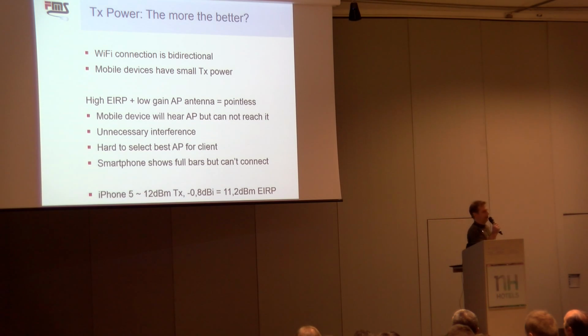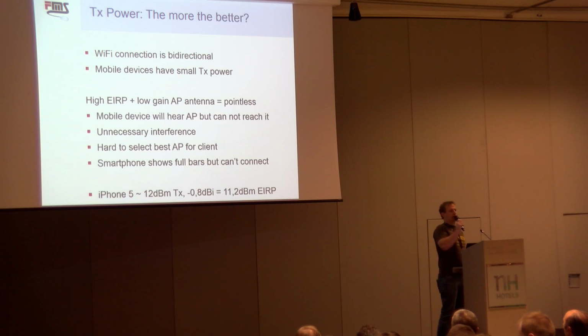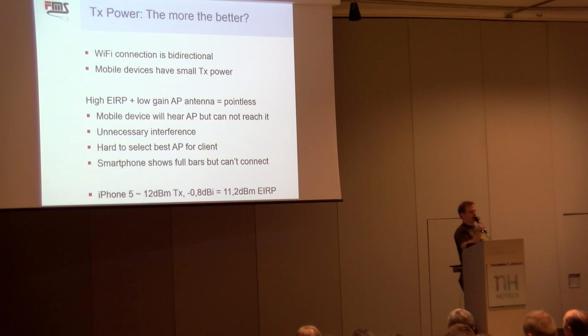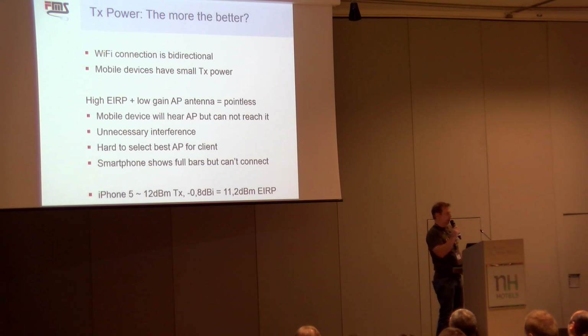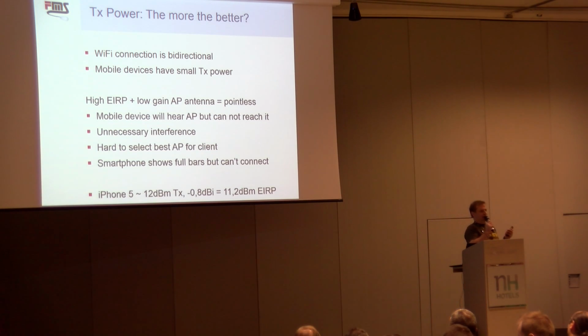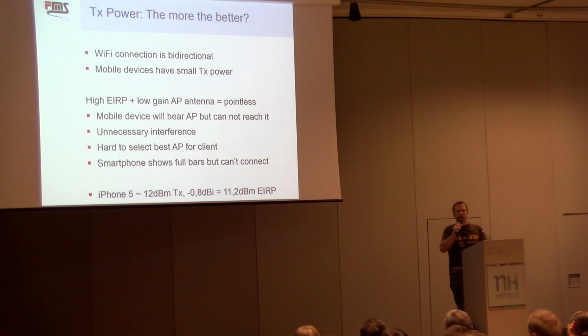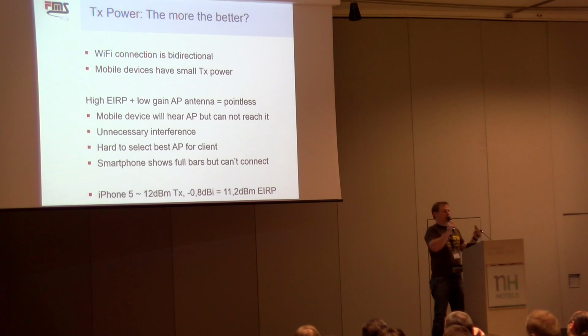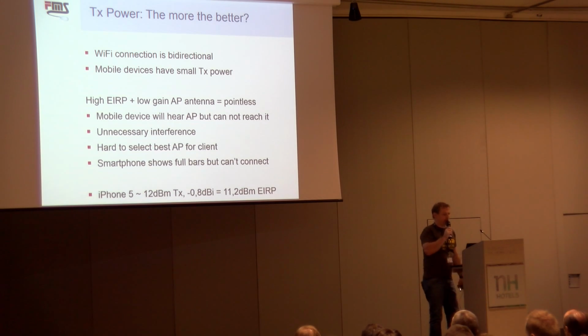From my understanding, the opinion that high TX power will solve your problems is one of the biggest problems in Wi-Fi deployments itself. The more the better, that's what we often see, but it's not true at all. In this setup, for example, because Wi-Fi is bidirectional, there's no point in shouting at a device that can't shout back to you. And a small mobile device will definitely have lower maximum TX power than your access point.